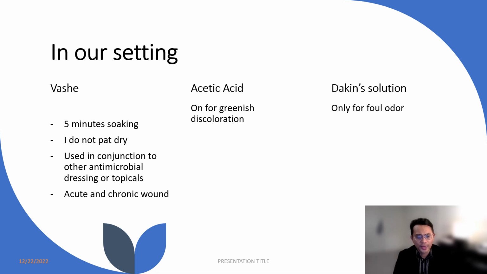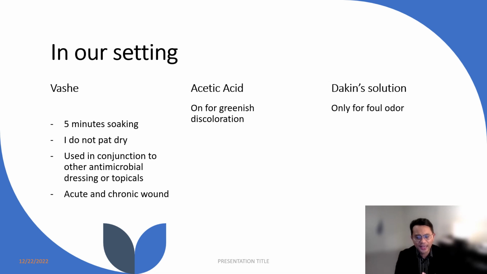I use it for both acute and chronic wounds. Why acute wounds? Because there's a growing body of knowledge in the literature that after a wound is debrided in the hospital, like I usually see them after they've been debrided in the hospital, you can form biofilm in 3 days.